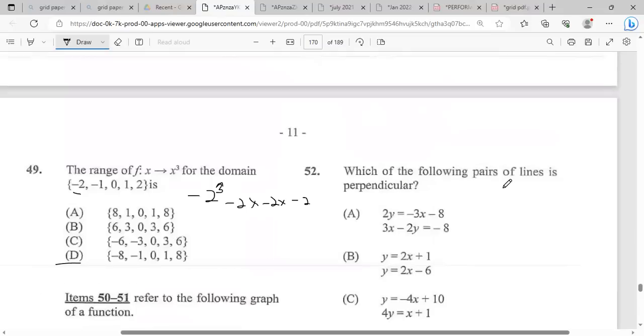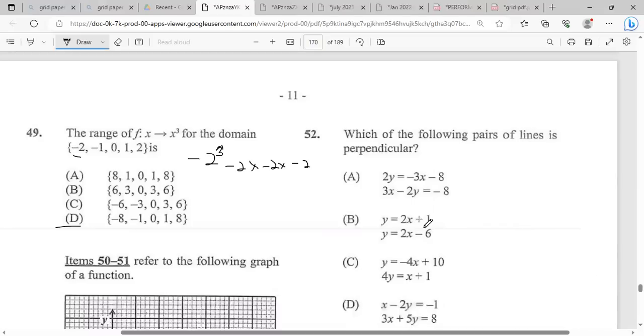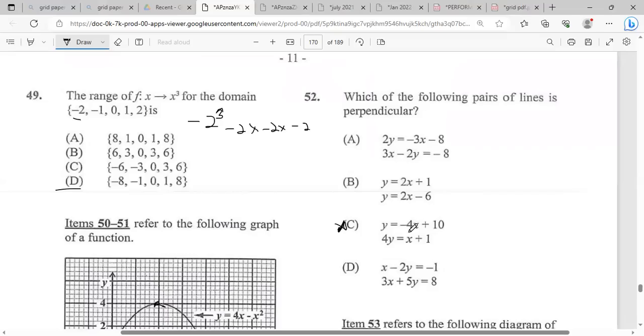52, which of the following pairs of lines is perpendicular? For it to be perpendicular, when I multiply the gradients, it has to be negative 1, the negative reciprocal, right? I kind of worked out these in the previous video, but I'm going to show this one. So this is the same as 4 over 1.